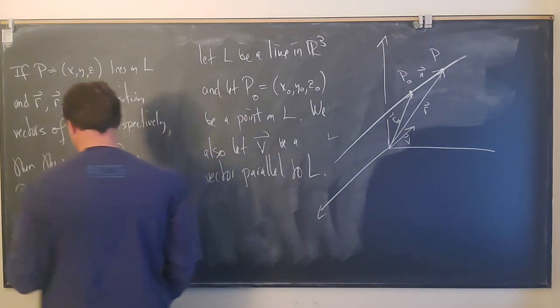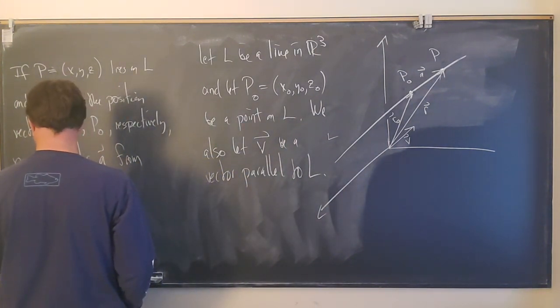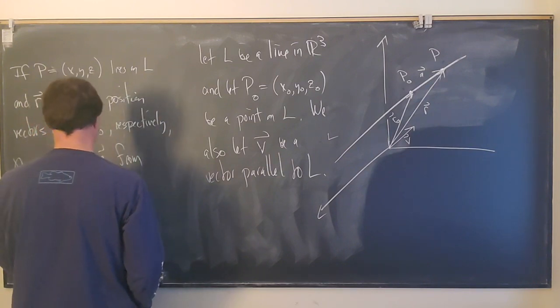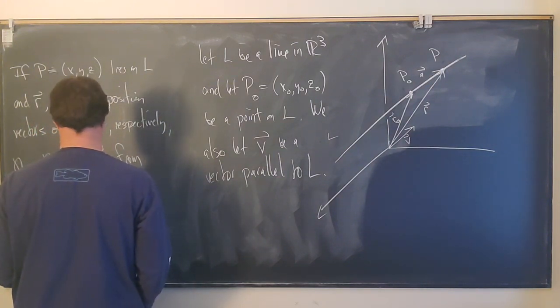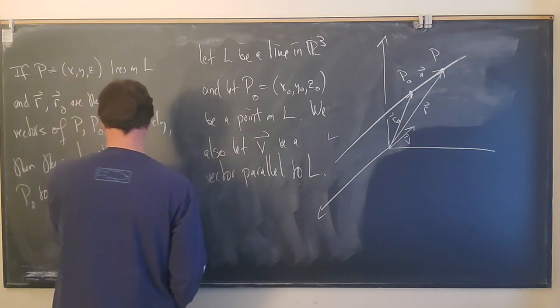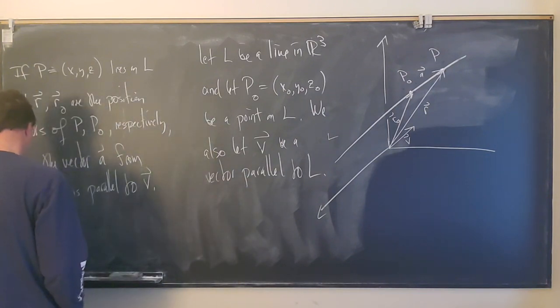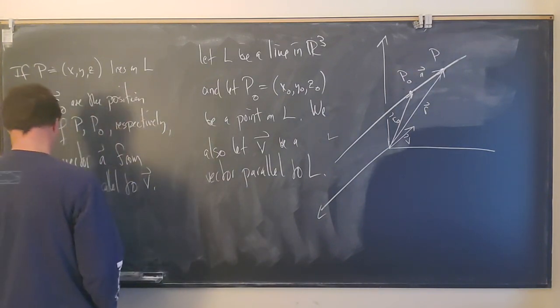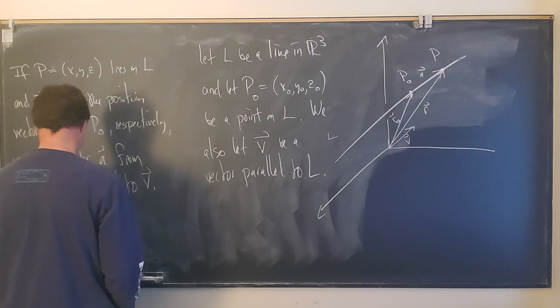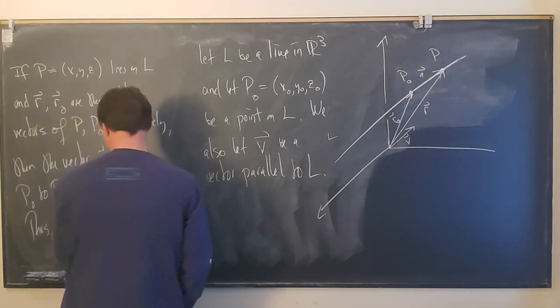So let's say it like this. The vector A from P0 to P is parallel to V. So we can say thus, A is equal to T times V for some T, right?